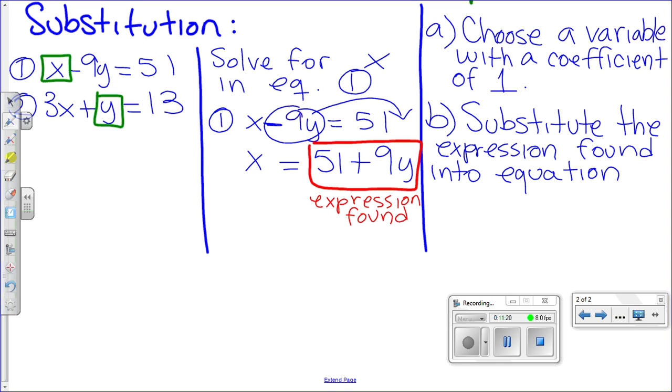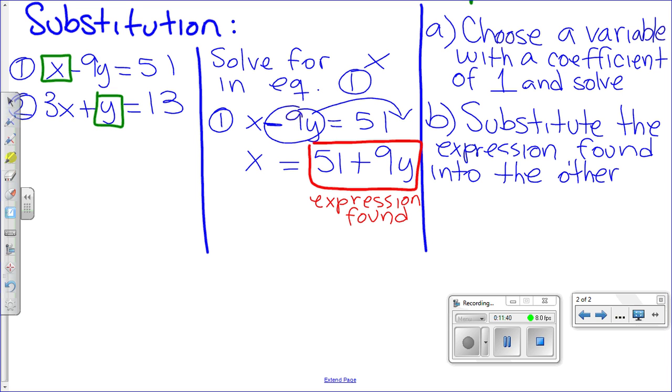Let's say into the other equation, which in our case will be number 2. Let's add here and solve for that variable.